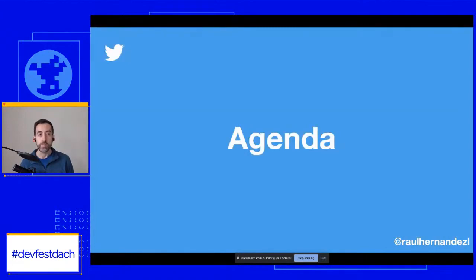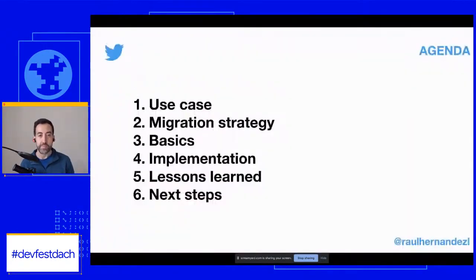And let's go to the agenda today. We have about 40 minutes, so I want to cover a few things. First of all, I will introduce a use case where everything will make sense to you, I hope. Then I will start speaking about the migration strategy I follow and a few things that I think are really interesting to learn. Then I will introduce very quickly some basics about calling coroutines and particular things and glitches that maybe will be helpful for you as well to learn a little bit today.